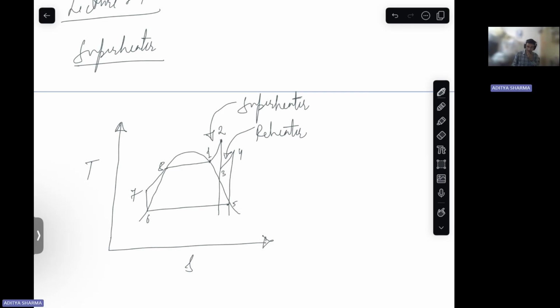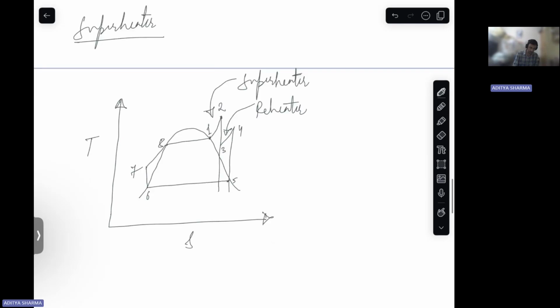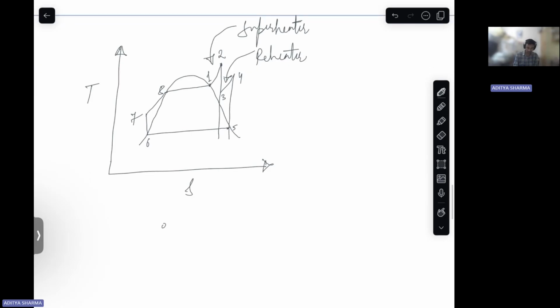So this superheater, there are types of superheaters. Okay. There are three types based on how the energy is transferred to the steam. Okay. How the heat transfer takes place. Based on that, we have types.